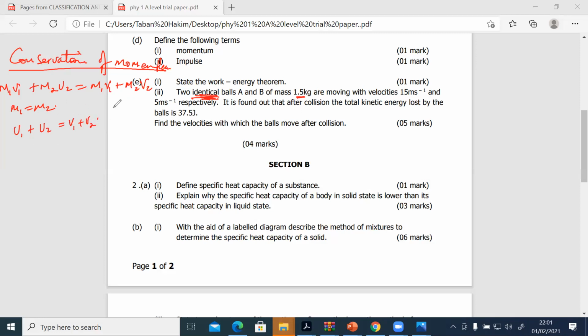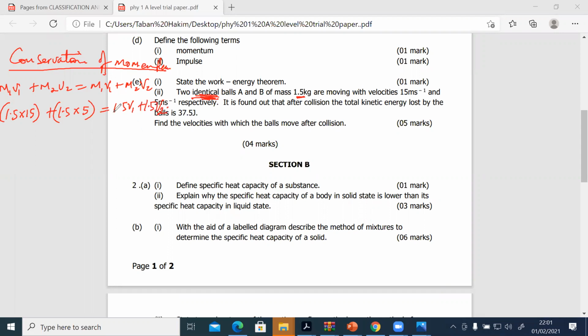Or in case you don't want this, you can simply work it out the way it is. M1 is 1.5 kilograms. So 1.5 times U1, which is 15 meters per second, plus 1.5 times 5 meters per second is equal to 1.5 times V1 plus 1.5 V2.